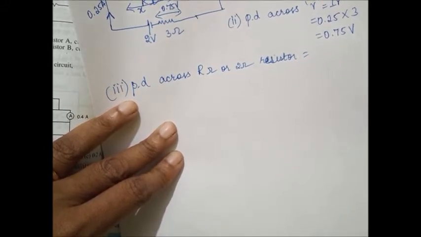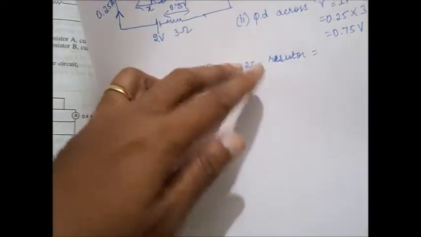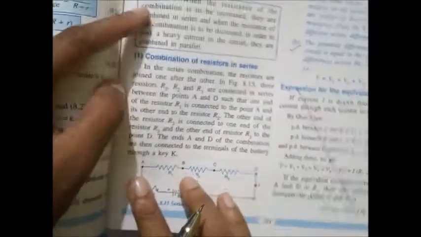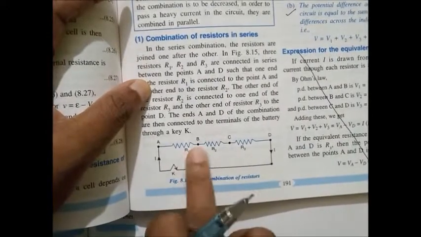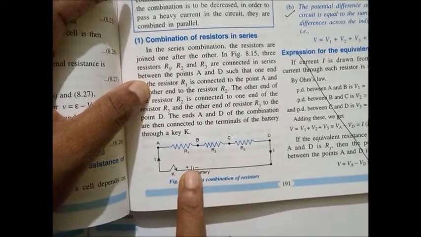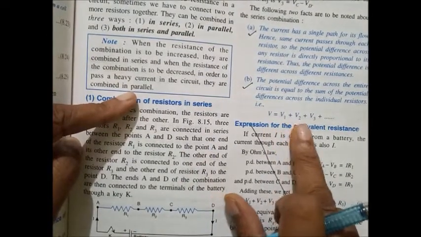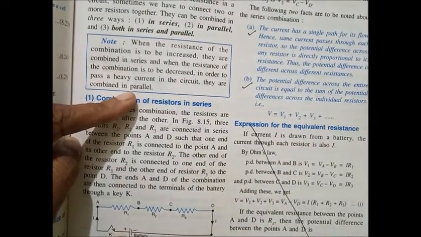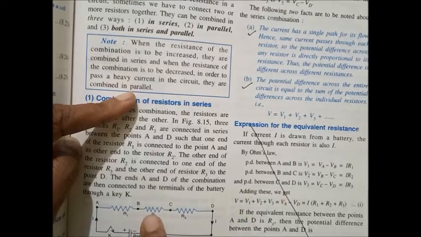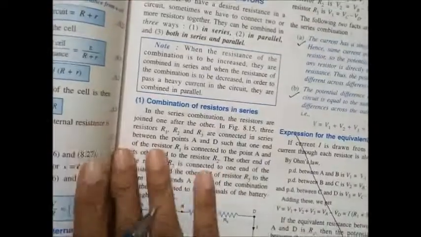Supply voltage is equal to the potential drops in each resistor. See, this is the thing I'm talking about. So 3 resistors, and there is a supply voltage. V is equal to V1 plus V2 plus V3. V, the supply voltage, is equal to the potential difference across each resistor.